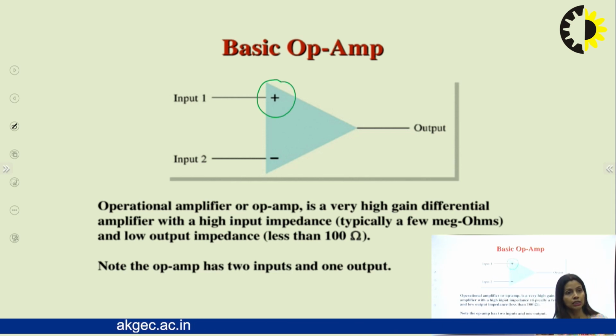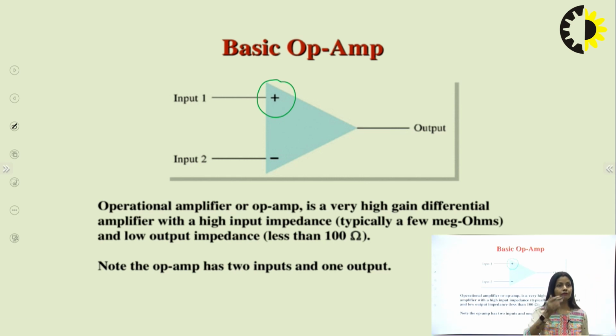Positive means there will be no inversion of the given input. That means there will be no phase shift of the given input at the output. This is the inverting input. There will be a 180-degree phase shift. The waveform will invert. It will be amplified, of course, because we are using OPAMP as our amplifier. It will be amplified, but it will be inverted also.